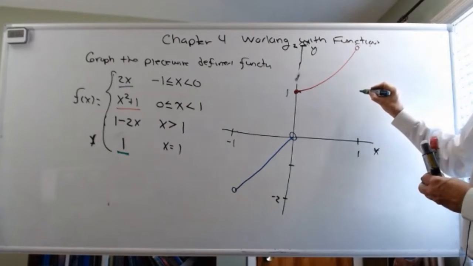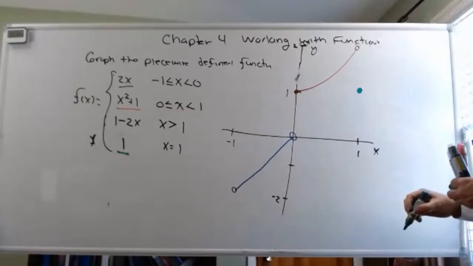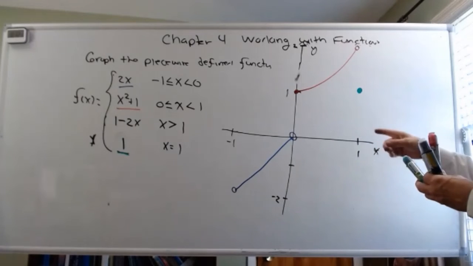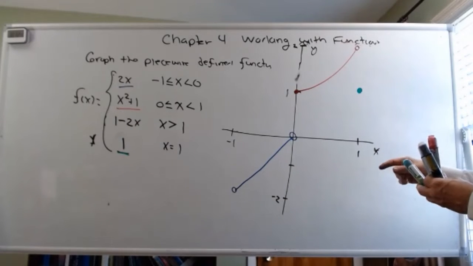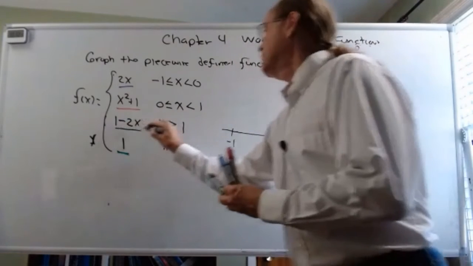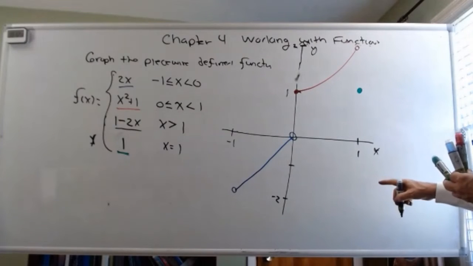So it's equal to 1, 1. Just to show it a little bit different there. And then 1 minus 2x. The last part of this in black.